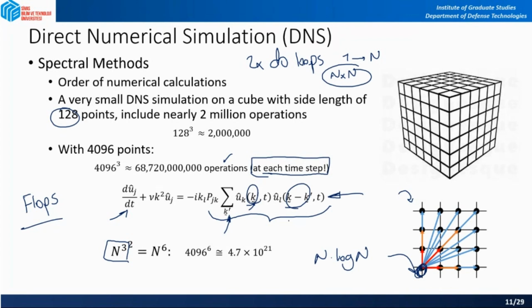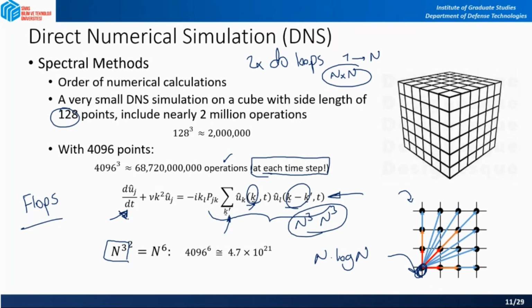Therefore, you have n cubed times n cubed, which is n cubed squared. So it is n to the 6 operations. So n to the 6 operations will be needed to do the right hand side of this equation at each time step, right? And this is a crazy amount of calculation.